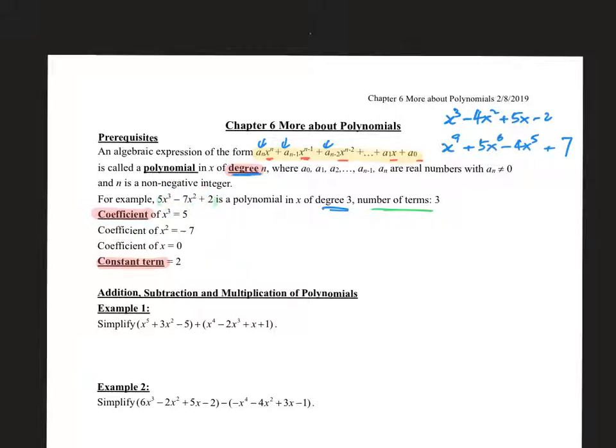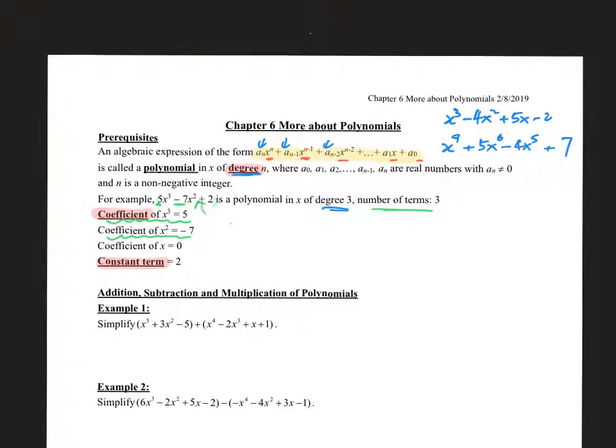Afterward, what's the meaning of coefficient? Coefficient is talking about the number before the term x to the power something. For example, now you have 5 in front of x cubed. So that's why we say the coefficient of x cubed is equal to 5. Minus 7 is in front of x squared, so we say the coefficient of x squared is minus 7.